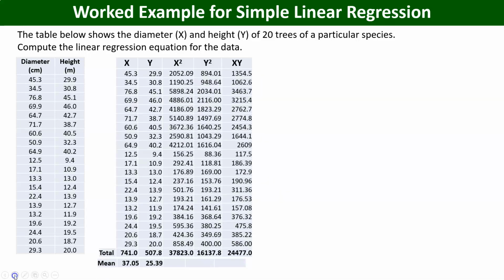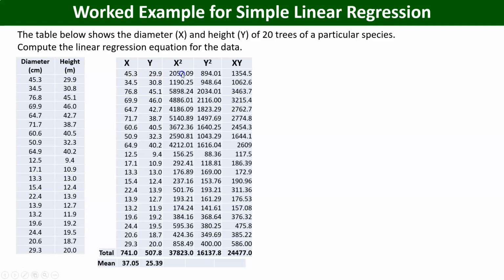So the first thing we do is we need to obtain our totals and sum of squares and sum of products. And in order to do that, we need to compute x squared. That's we square each value of the x variable, and that's what we are doing right here. You can see 45.3, that's the first value of x.